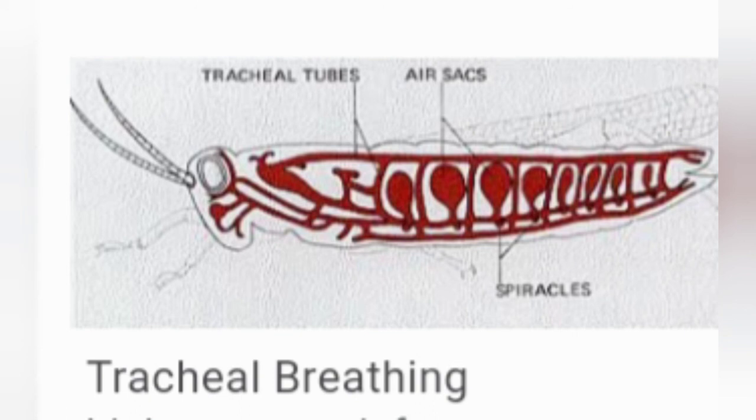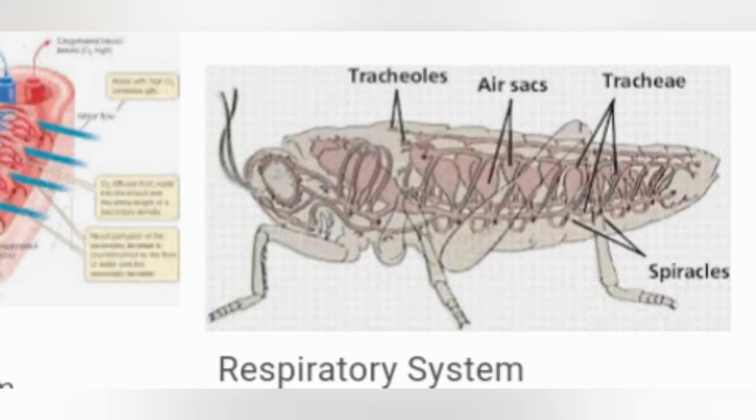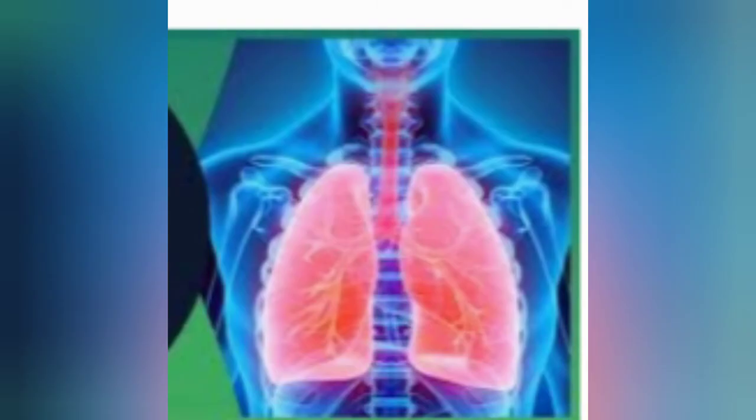Each spiracle leads into a chamber called the atrium, from which the main trachea arises. Main trachea divides and redivides to form a fine network called the tracheal network. The finest branches of this network are the tracheoles, which directly end in the body cells.